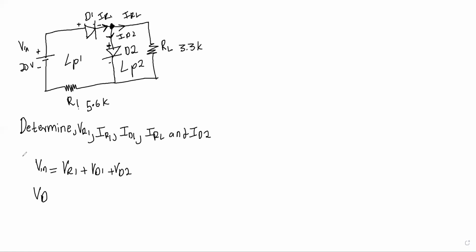VR1 is equal to V in minus (VD1 plus VD2). Don't forget to put brackets. To get VR1, we simply subtract the voltages of D1 and D2 from V in. Substituting the values, VR1 is equal to 20 minus 4.1, which is 18.6 volts.